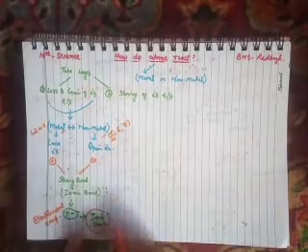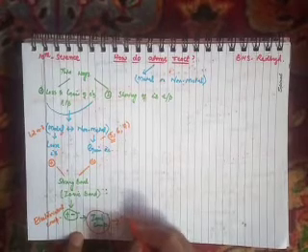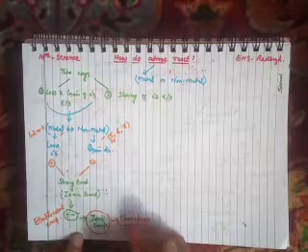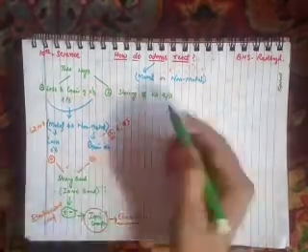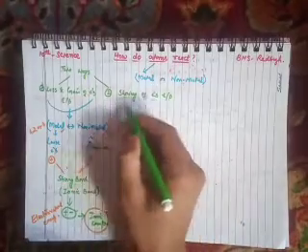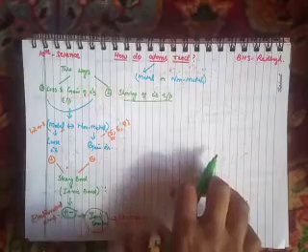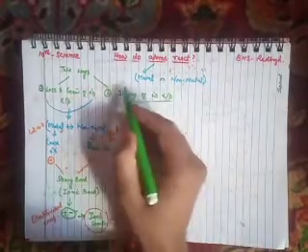Dear students, these ionic compounds have many characteristic features which we will discuss in a separate video. So dear students, now coming to the second process where atoms combine together, in which sharing of electrons takes place.